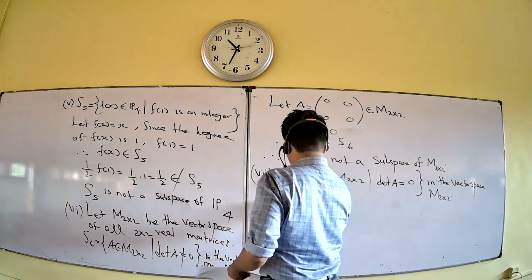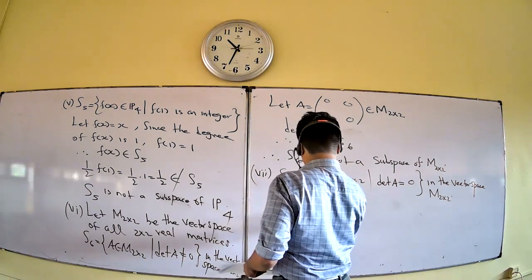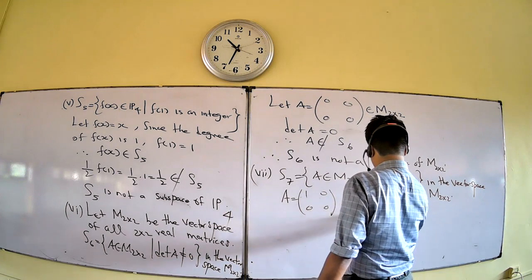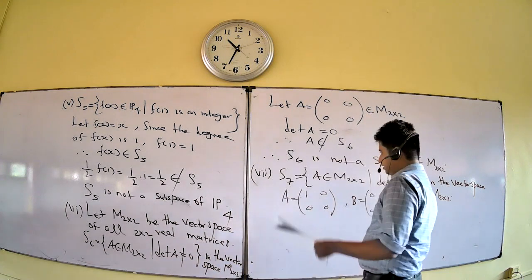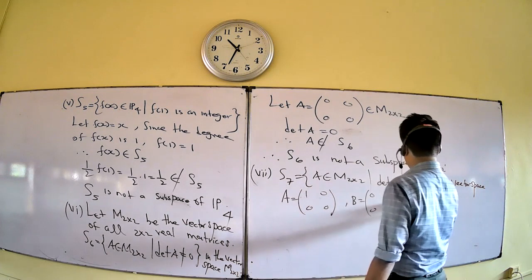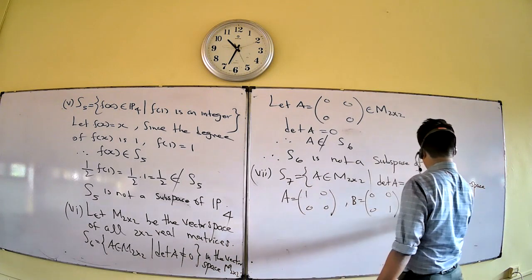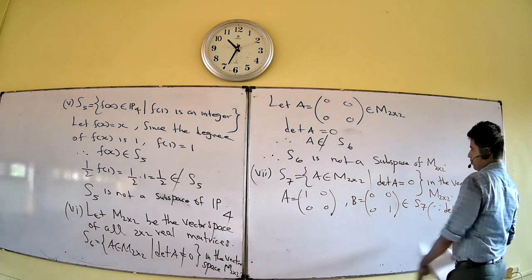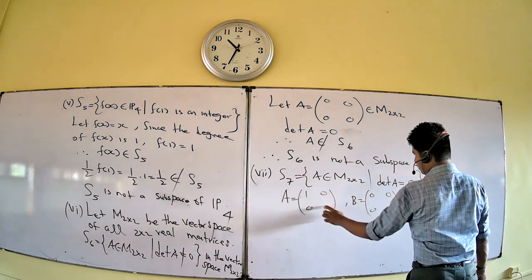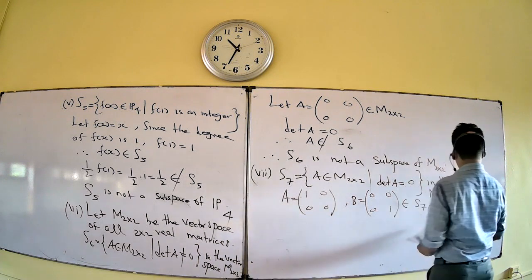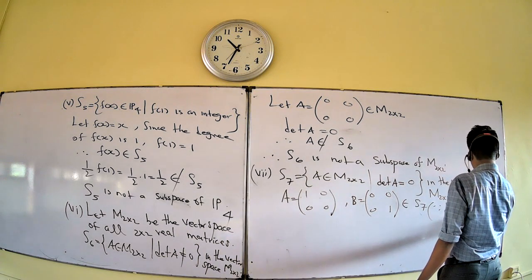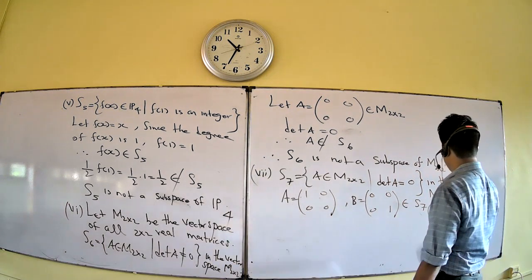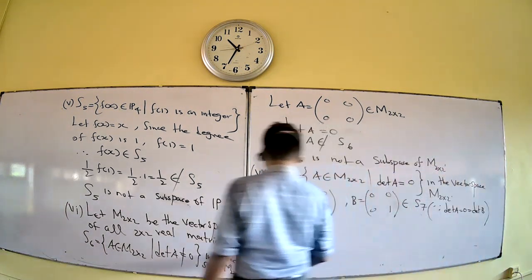So A is 1 0 0 0, and B is 0 0 0 1. Both matrices belong to S7 because the determinant of A is 1 times 0 minus 0, which is 0. Similarly, the determinant of B is also 0. So both vectors belong to S7, but what about the vector addition?